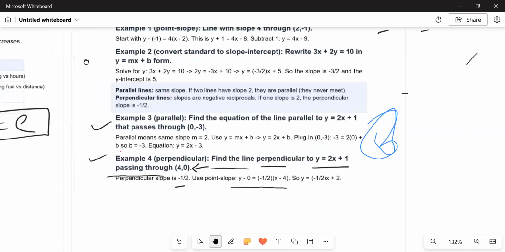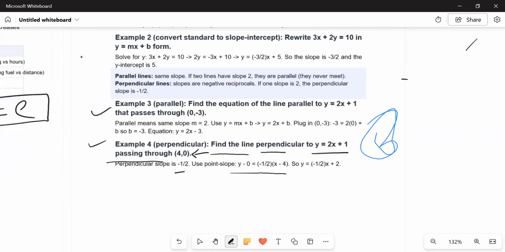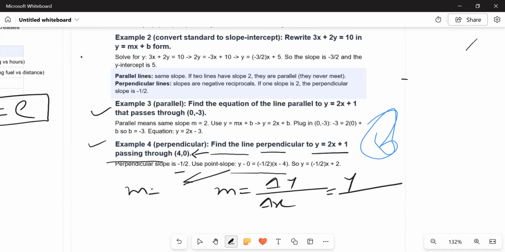So basically, let me explain how this equation comes about. We know that m is equal to delta y by delta x, which means y2 minus y1 divided by x2 minus x1, and we have m here.